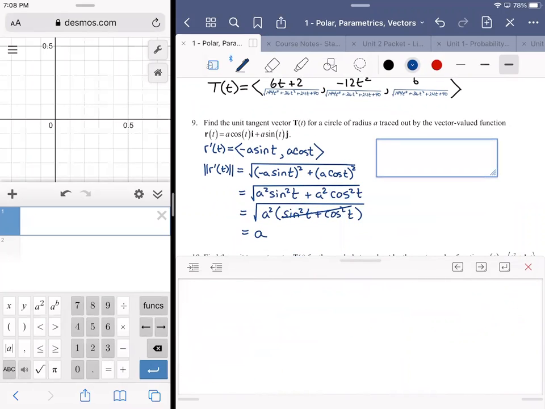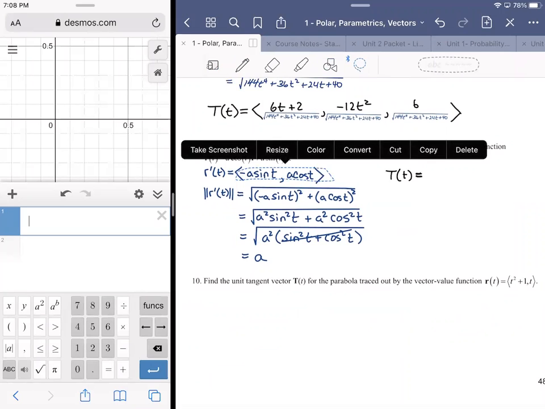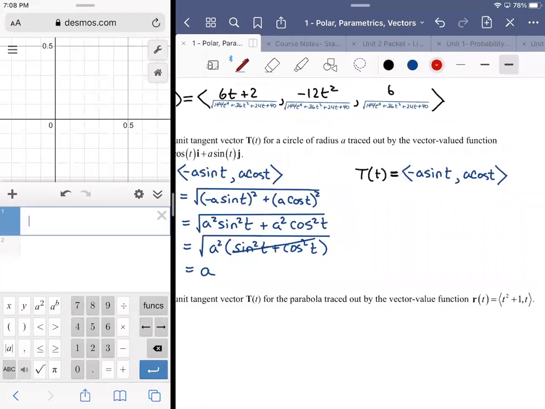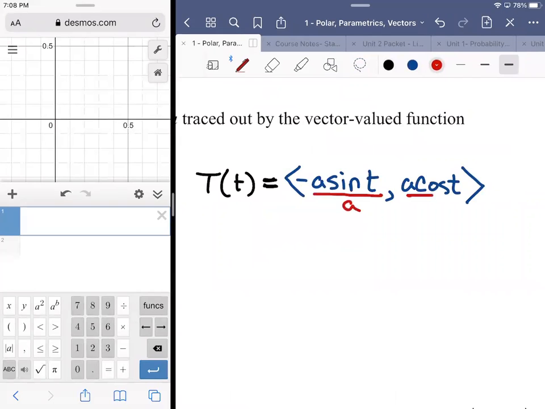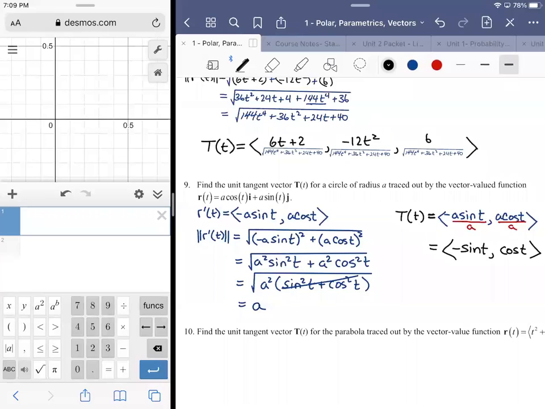If I go to find the unit tangent vector, and I know that that's taking the derivative vector and dividing it by whatever the magnitude is, and we know that this is the equation of a circle in parametric form initially, the vector valued function, then really it would just be a matter of taking off whatever the coefficient is from my derivative vector in order to get the unit tangent vector.